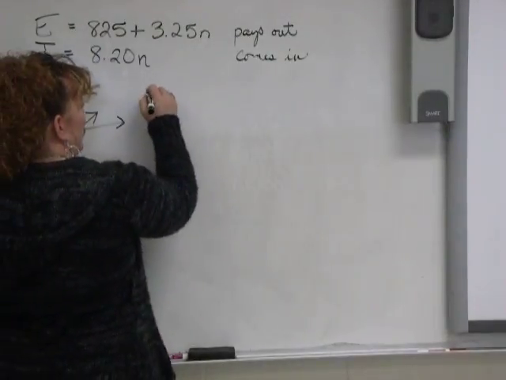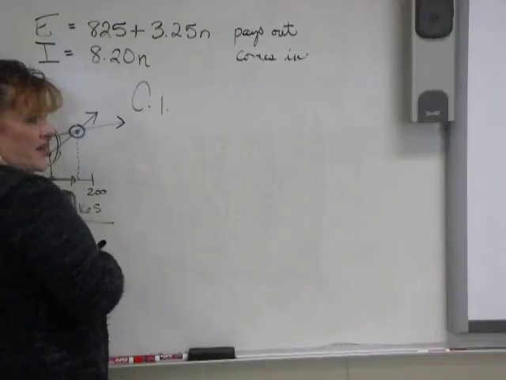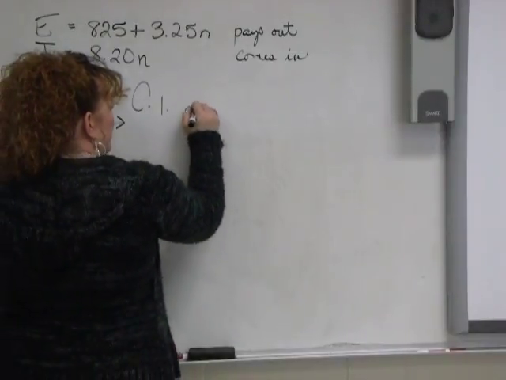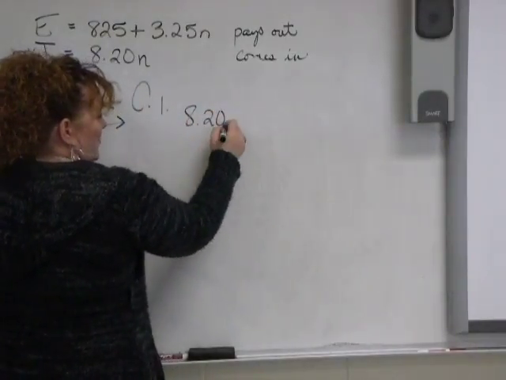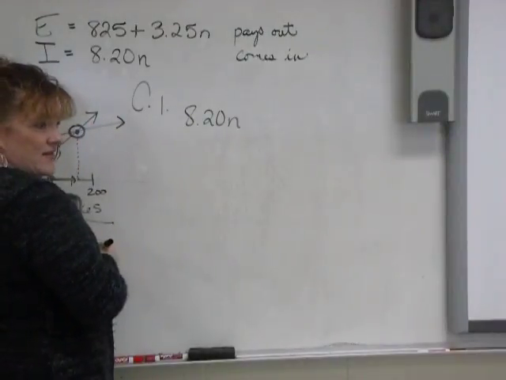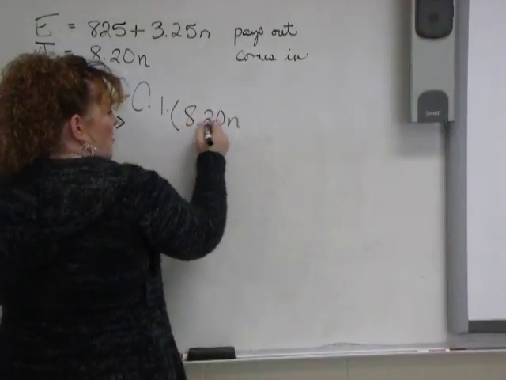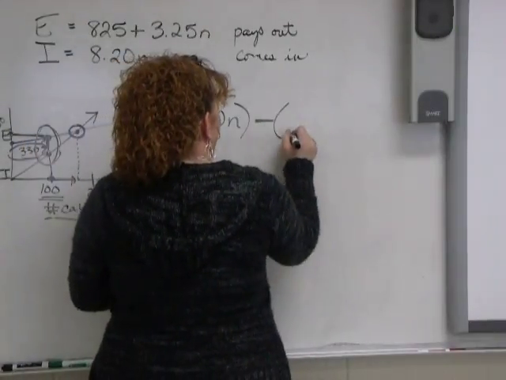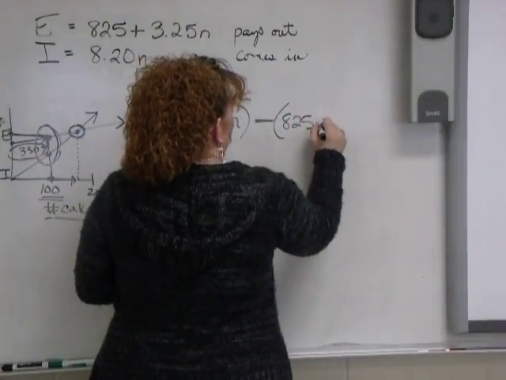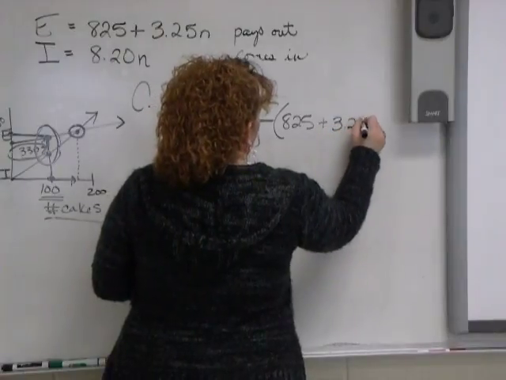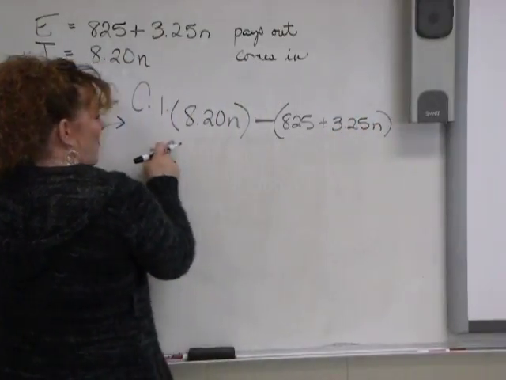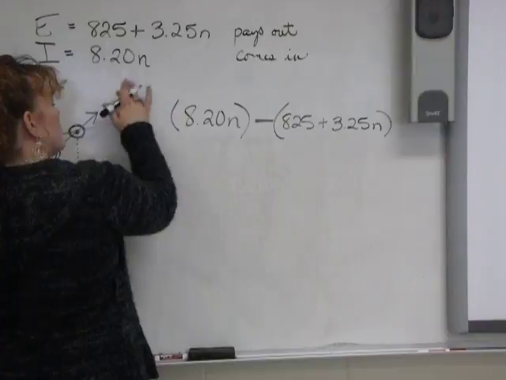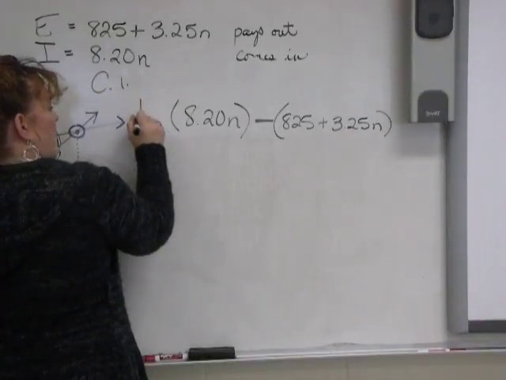So this is going to be the income. He's making $8.20 per cake. So when you take that and subtract out what he has to pay out, which is $8.25 plus $3.25n, this is how we find out profit.